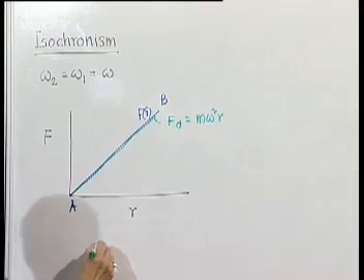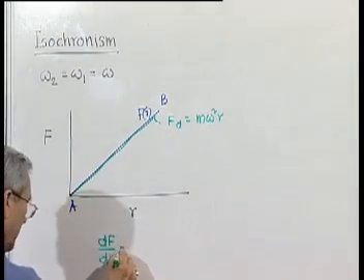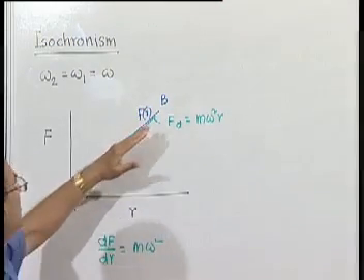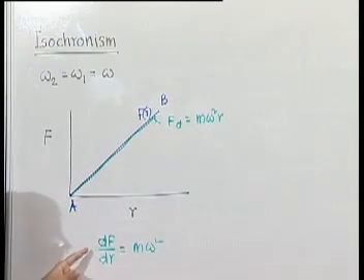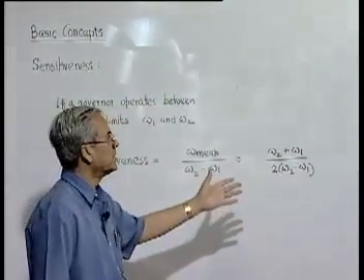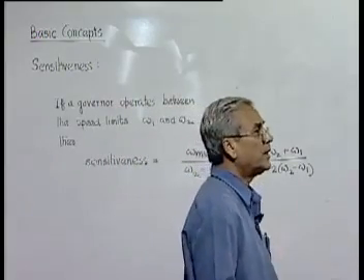Or you can see the slope of the deflecting force curve is m omega square, the slope of the control force curve is dF/dr. When they are equal and they merge like this, the system is called isochronous. And it is also obvious here that since omega 2 is equal to omega 1, the sensitiveness or sensitivity of this particular governor when it is operating as an isochronous governor will be infinite.